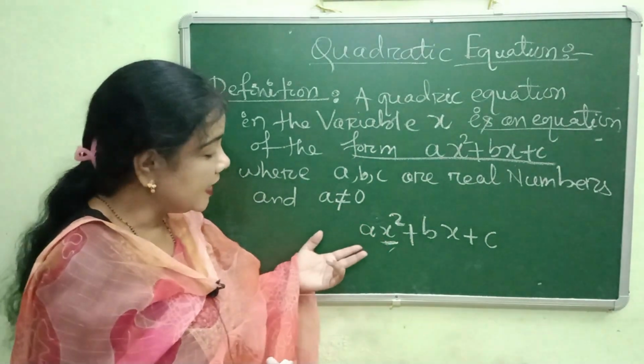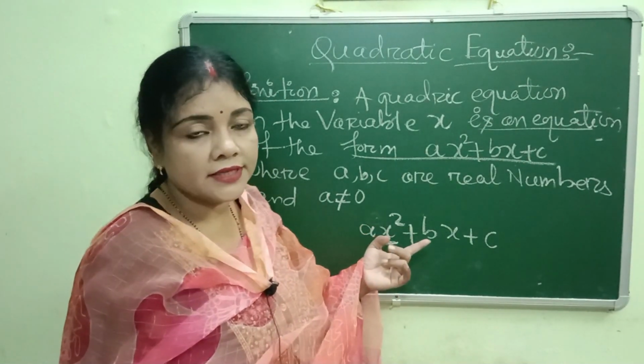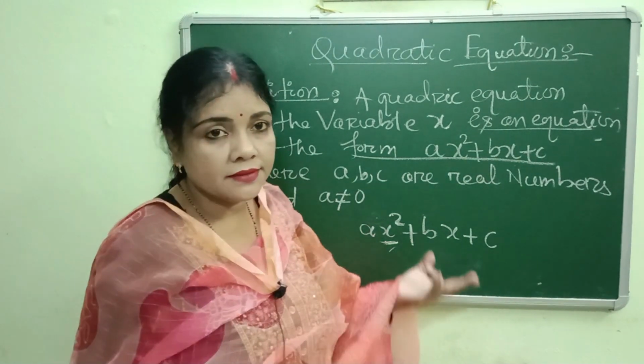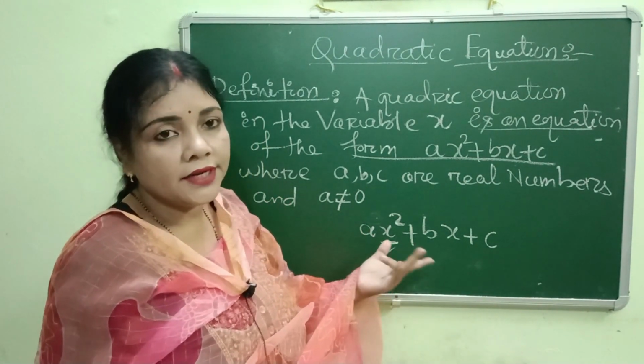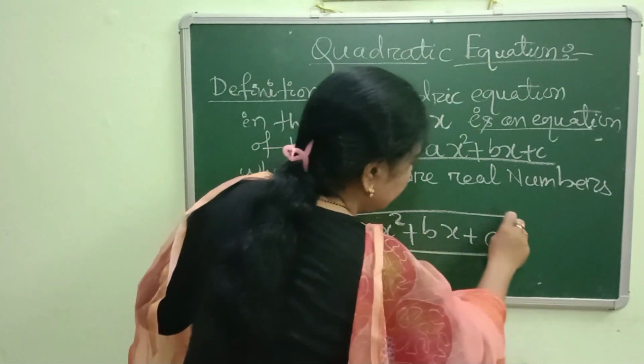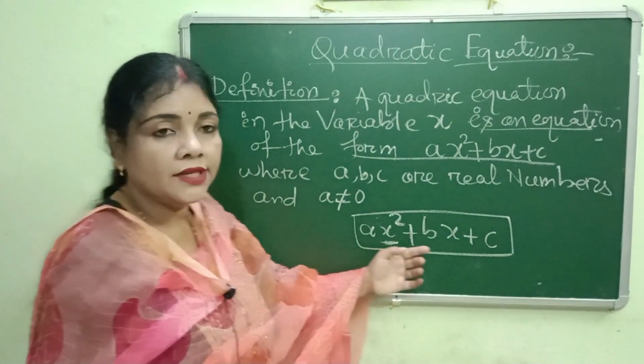As I already told in the very first class, depending upon the power of x, the polynomials are defined as quadratic, cubic, or linear. So it is a standard form of equation to define a quadratic equation.